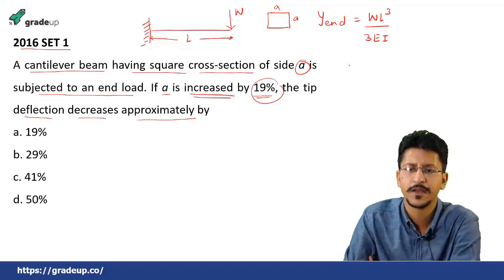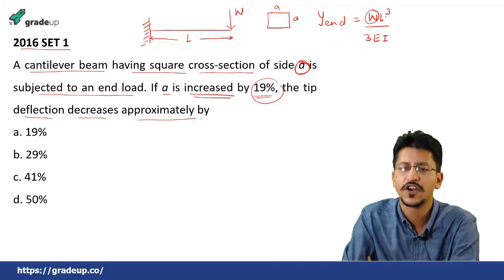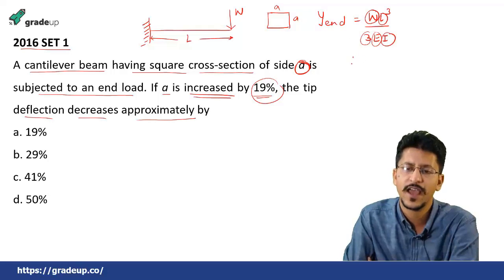Then you see, if the area of cross section A is increasing, the length of the beam will not change, this 3 is constant, E will not change, only I will change. Okay, I in the case of a square is 1 by 12 A to the power 4.